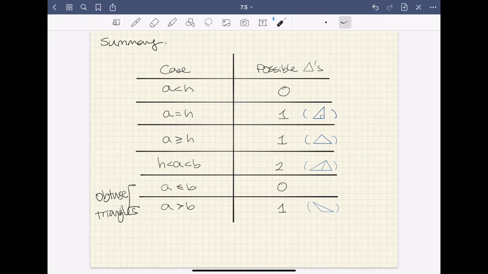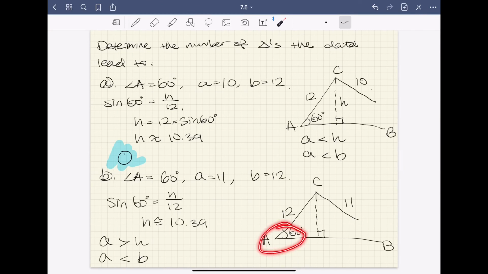Because our triangle is an acute triangle, we'll only consider this one, or ignore this one. So our final answer is one triangle.